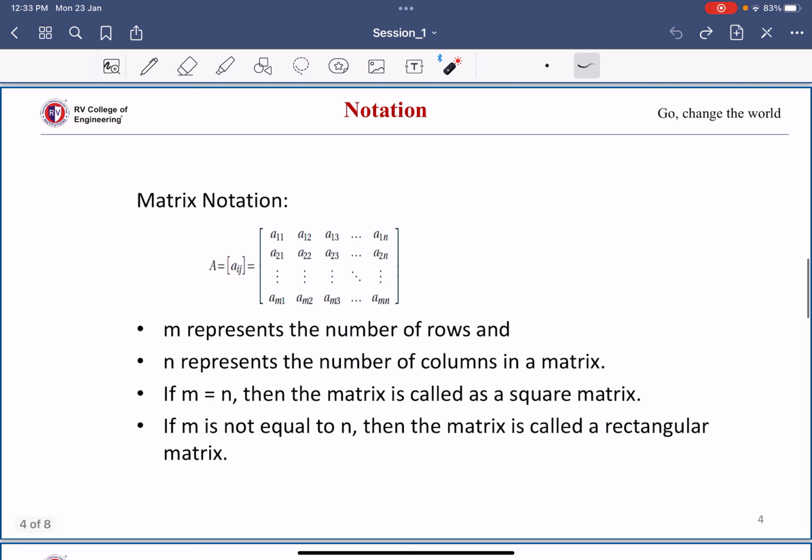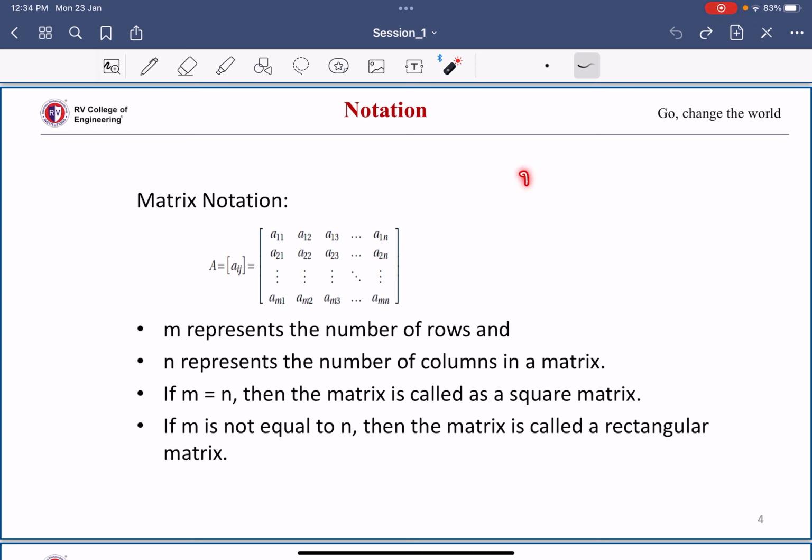A matrix usually is denoted by capital letters A, B, C, and so on, and Aij represents the position or location of a particular element of a matrix. In general, A21 represents the element in the second row and the first column.